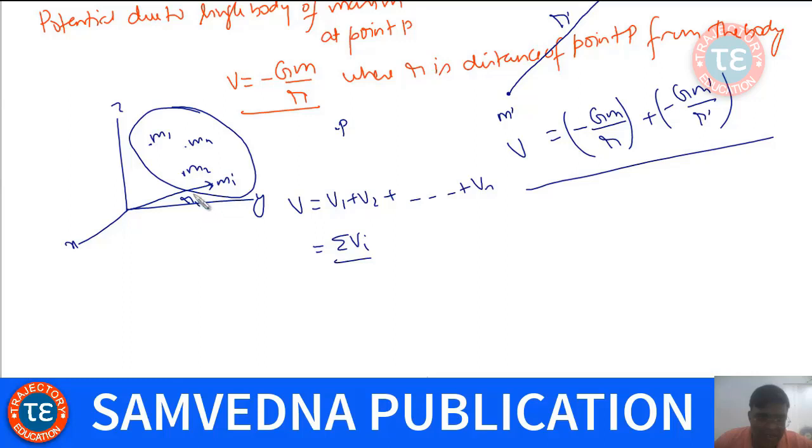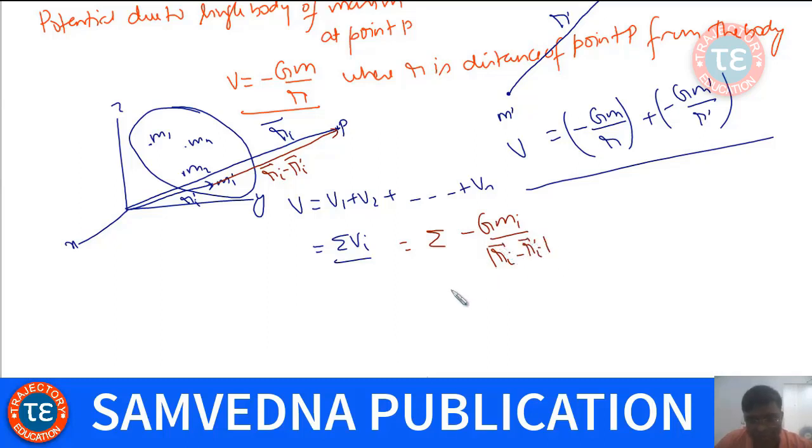If this is Ri dash and this is Ri, then this vector will be Ri minus Ri dash, and Vi is going to be minus G Mi upon the magnitude of this vector.